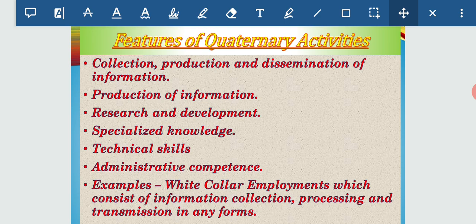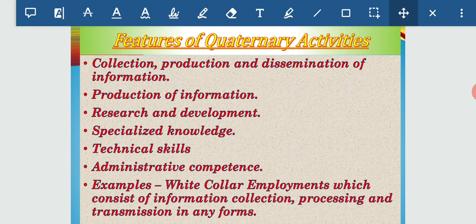It is entirely knowledge based. Now what are its features? Collection, production and dissemination of information. Just to give an example, what is the work of a teacher or a professor? They collect material from various sources. Then they try to produce it to get a proper answer.